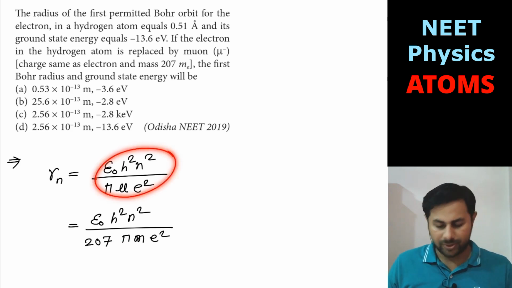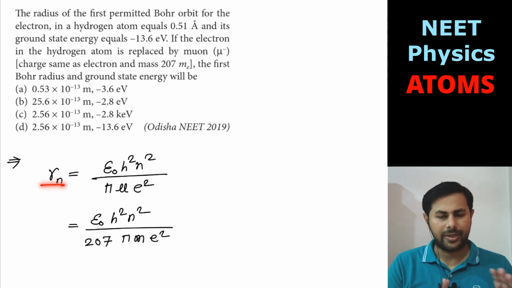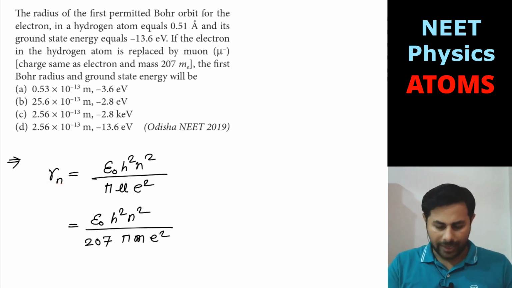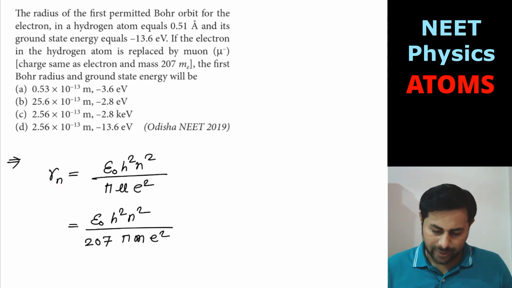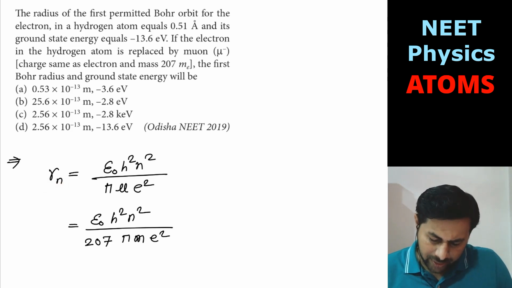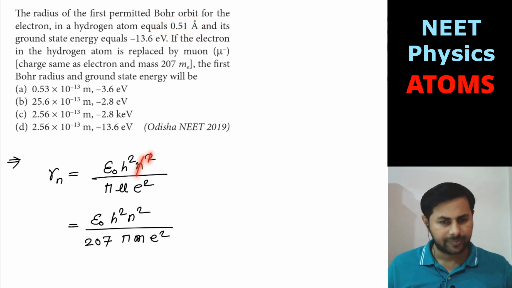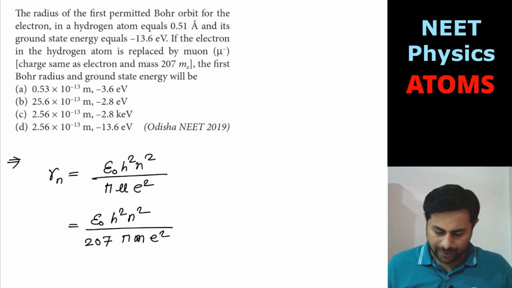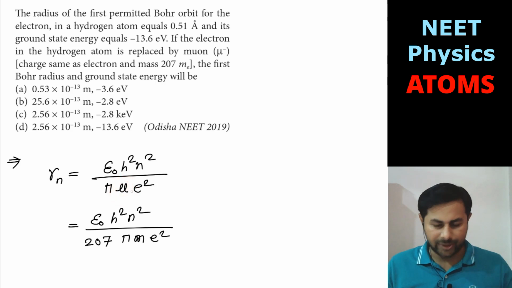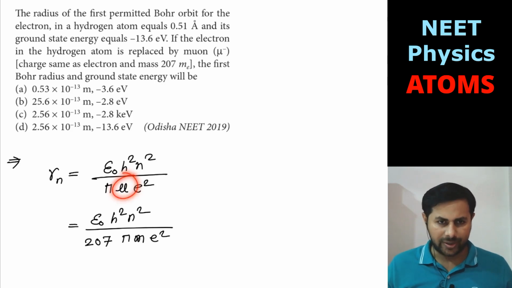So we have written down the formula for the radius of hydrogen atom. And you want the first orbit only, so n is equal to 1, right? And then you have replaced the mass of electron in the hydrogen atom by the mass of muon. That's it.